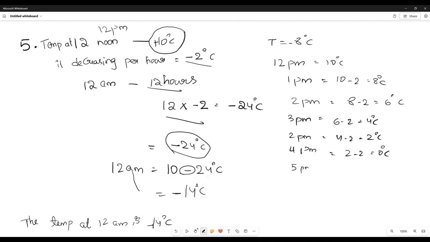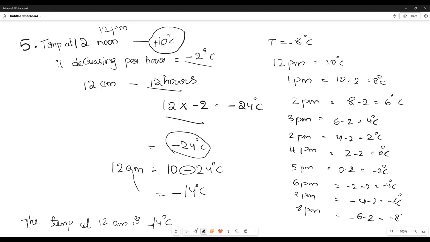And 6 p.m., 0 minus 2, which becomes minus 2 degrees Celsius. 7 p.m., minus 2 minus 2, minus 4. 8 p.m., minus 4 minus 2, which is minus 6 degrees Celsius.